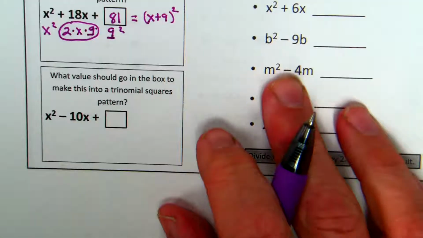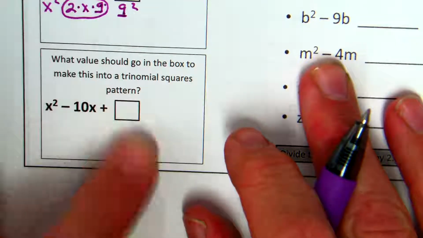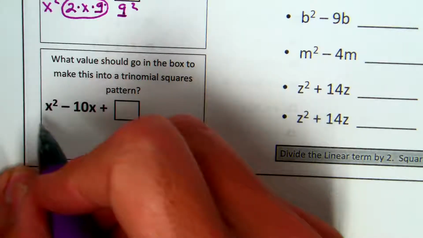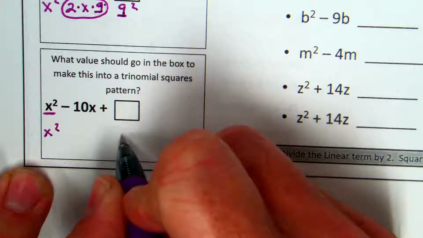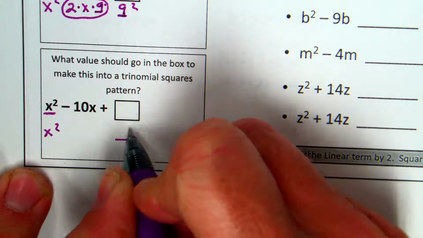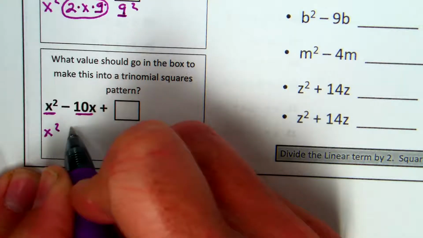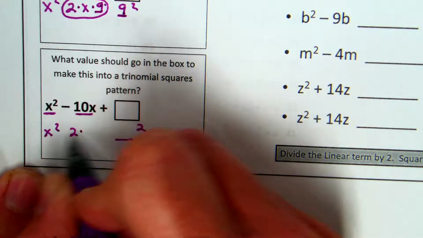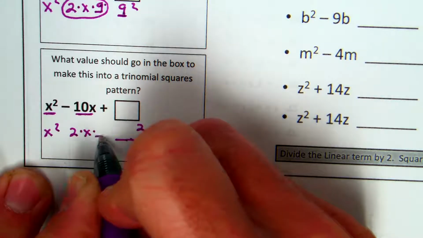Let's do it again. I have x squared minus 10x plus something. In order for this to be a trinomial squares pattern, this has to be something times itself, this has to be something times itself, and this middle number needs to be 2 times the roots. That's 2 times x times this number.